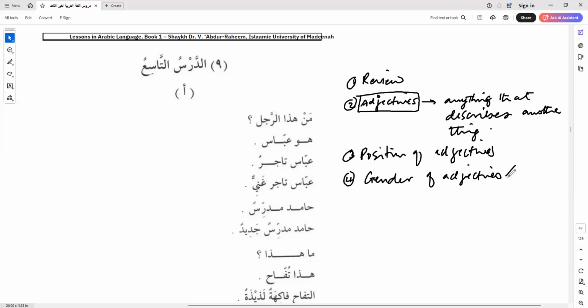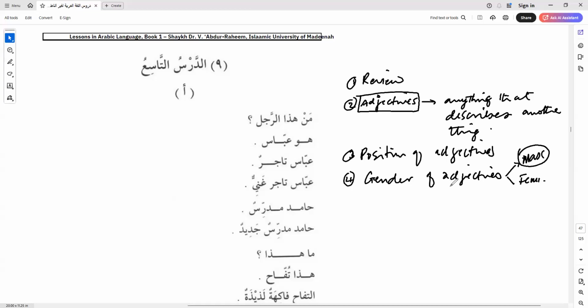In Arabic, adjectives can be masculine or feminine, depending on what you are describing. If your adjective is describing a masculine noun, then the adjective must be masculine.